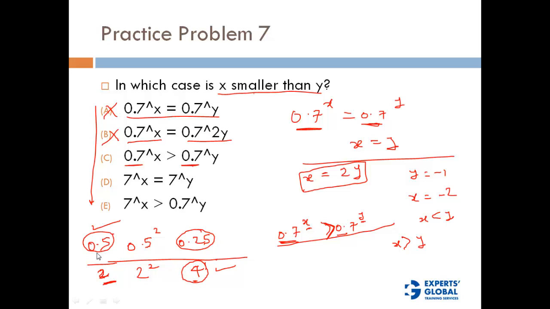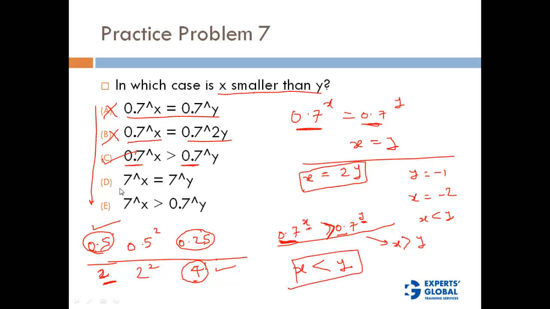Whereas when the number is less than 1, any positive power, square, cube, is going to reduce the value of the original number, and hence the original number will tend to be greater than any of its positive powers. So here also, that means this inequality we cannot directly apply. In fact, we will have to reverse the inequality. So because this is 0.7, what we can say is that x is going to be smaller than y.